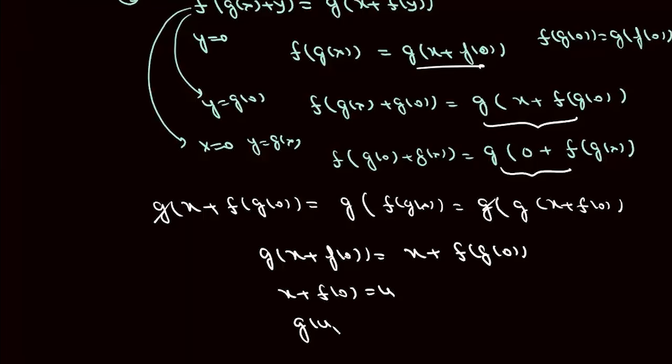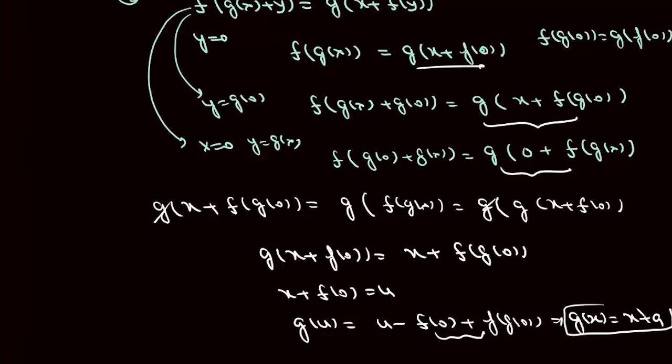So it will be g(u), and we can write x as u minus f(0) plus f(g(0)), which is basically some constant. So from here we can say g(x) is of the form x + a. So your g(x) is x + a.